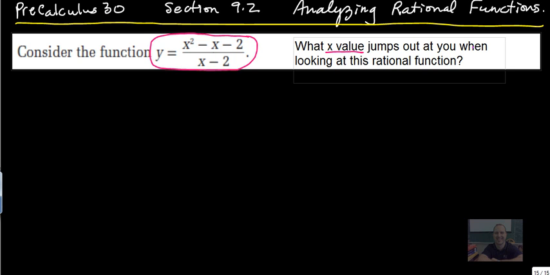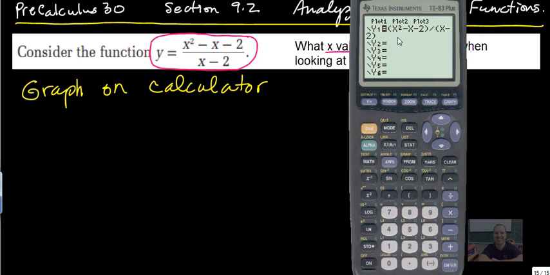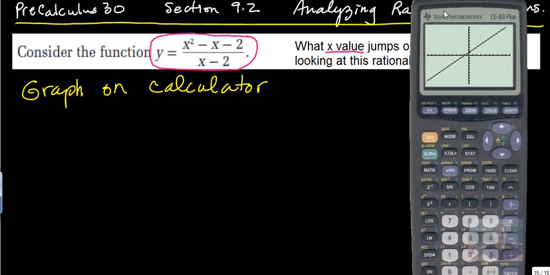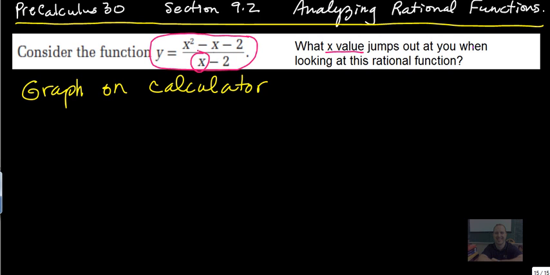So what I'd like to do now is graph this on the graphing calculator and take a look at what this looks like. Here's the function, and if we hit graph, it looks like this. We mentioned that x equals 2 is of special interest to us.